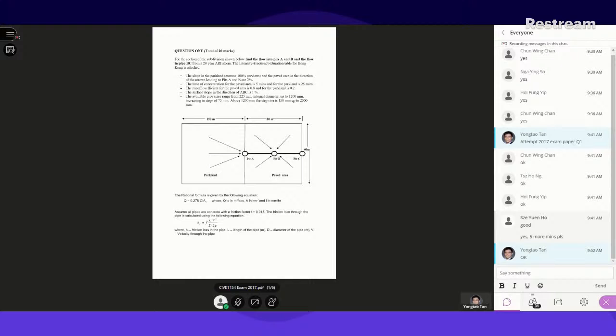Then you can calculate the peak flow to pit A and pit B. Next you need to determine the flow in the path, and also determine the size of the path, starting from 225 mm. Anyone finish that, let me know, please.